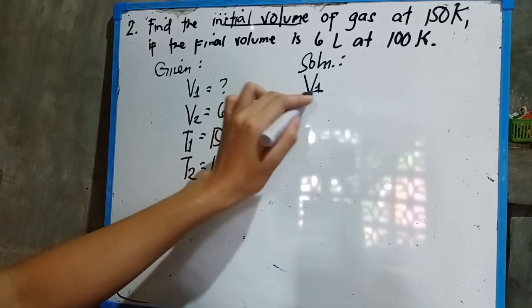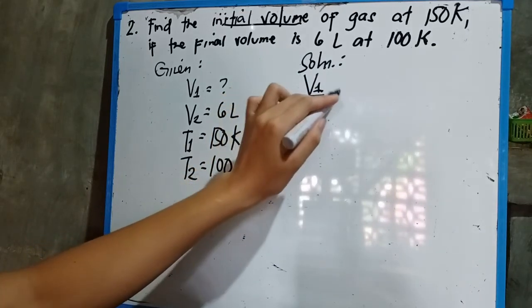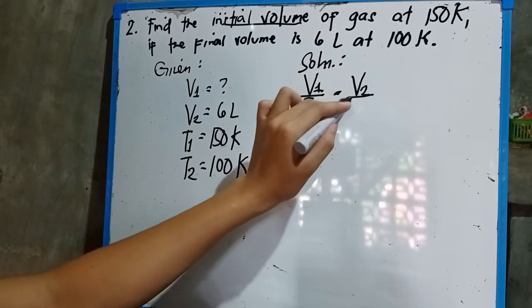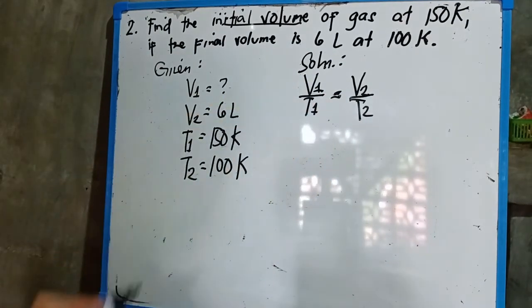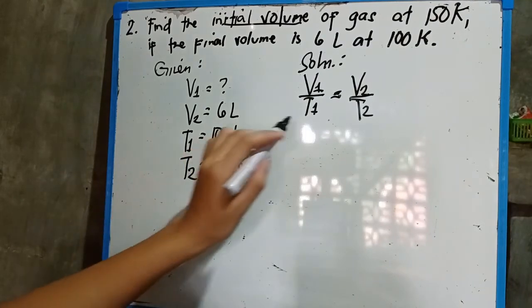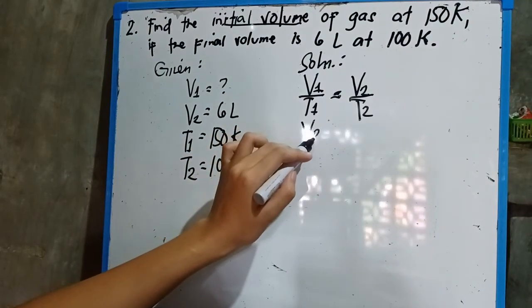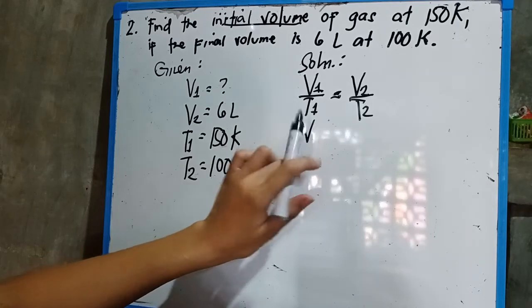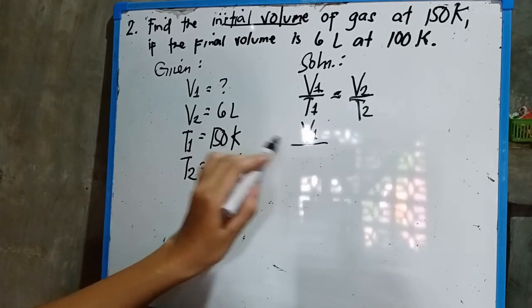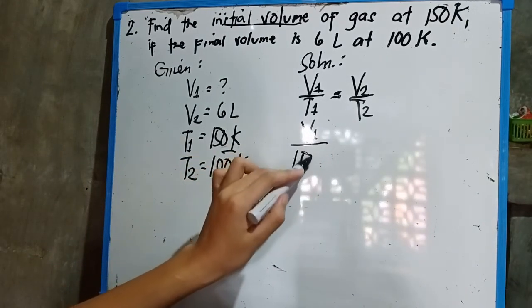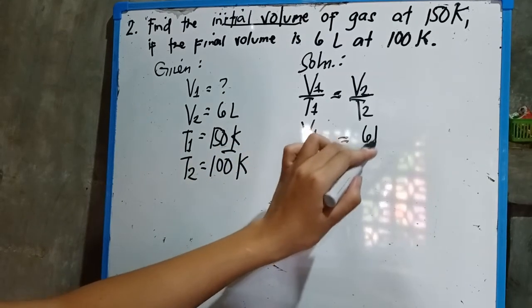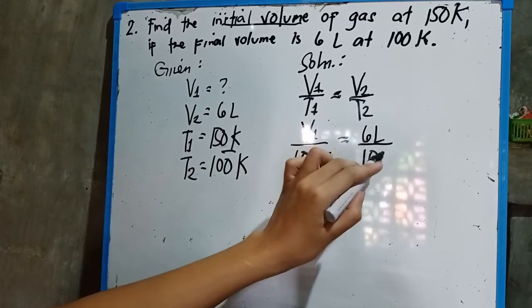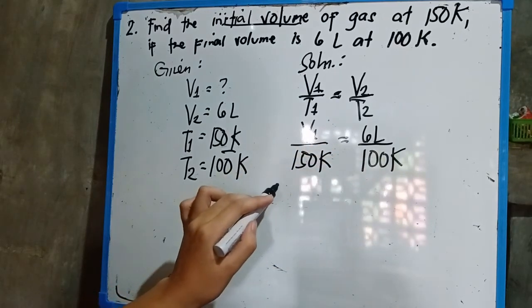So, for our solution, V1 over 100 K equals 6 liters over 150 K, writing the given. So, V1 equals 6 liters multiplied by 150 K over 100 Kelvin.